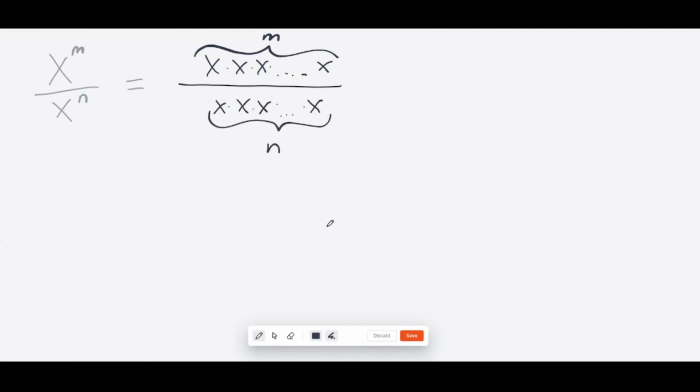So this is very general, same idea as above though. And you can see that with the same logic, even though we don't know exactly what m and what n are, we can tell that we should end up with x to the power m minus n afterwards. And remember, the entire time this was equal to that. So this is the same kind of idea that we did before.